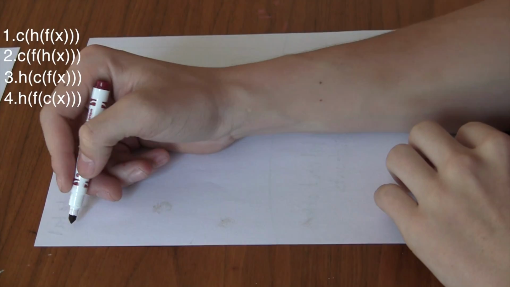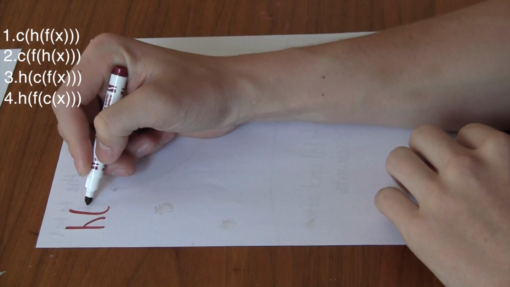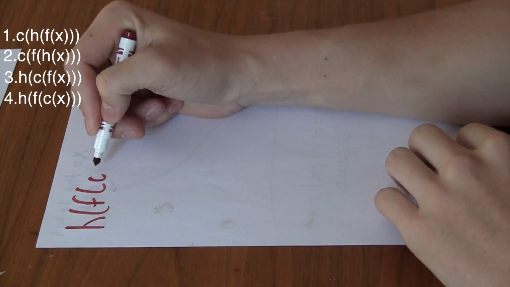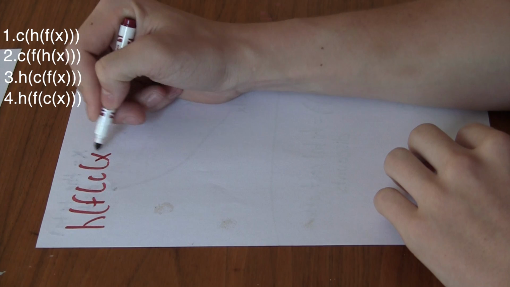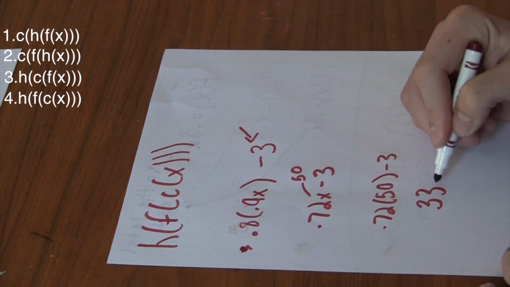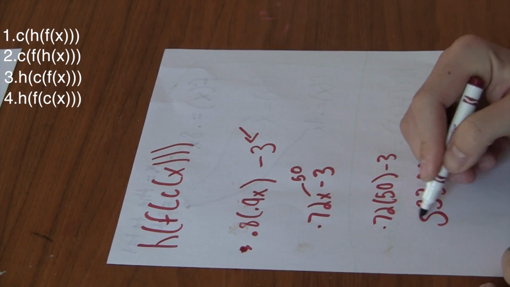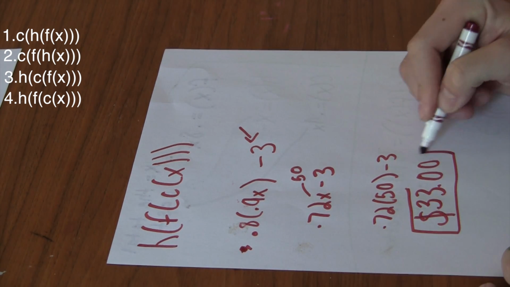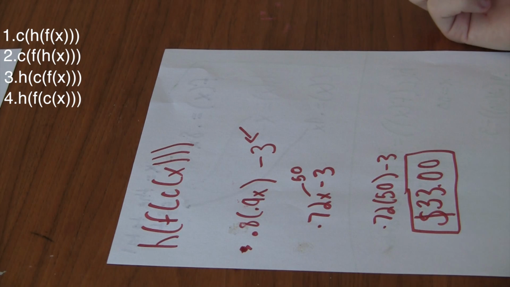Okay, so the next function, h of f of c of x, is $33.00, which we have seen before.